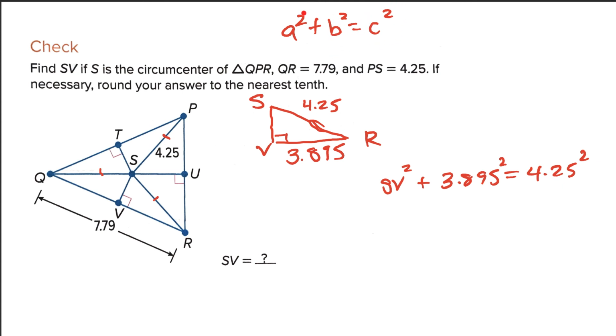You really end up subtracting if you're looking for one of the legs, and that's what SV is. So we could say SV squared is going to equal 4.25 to the second minus 3.895 squared. And we'll do that whole calculator problem at the end.